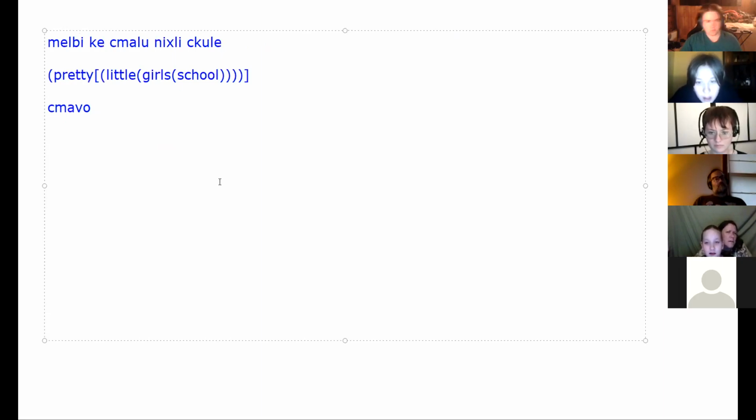We already said the cmevla end in consonants, that's basically their main distinguishing thing. The brivla have a consonant cluster tying them together. And then the main thing about cmavo is they don't end in consonants and they don't have a consonant cluster. They can be a vowel like e, which is a sentence separator.